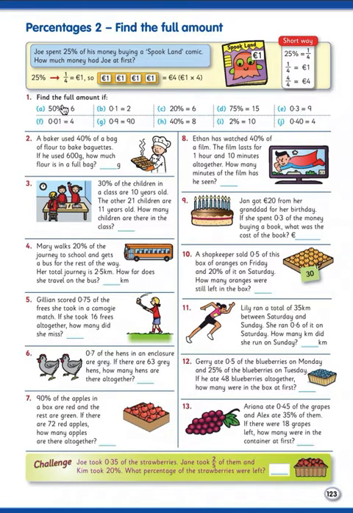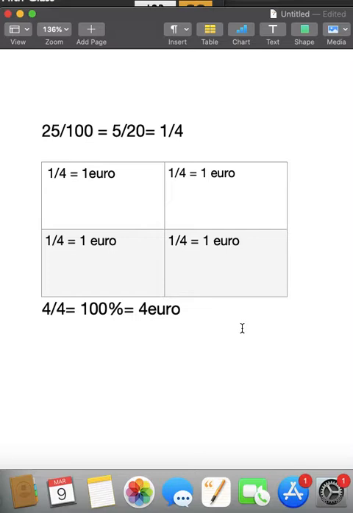So you need to find the full amount. If half or 50% is 6, what will the full amount be? So again, just to show you here, you'll be saying, well, 50% is equal to a half. You can draw it out.